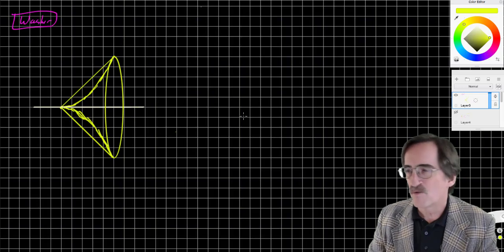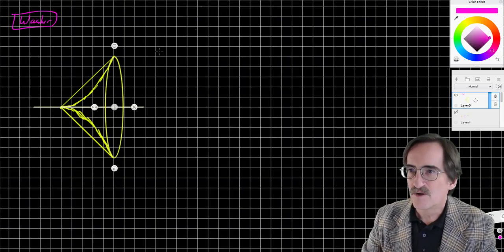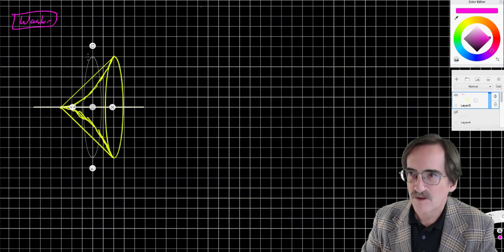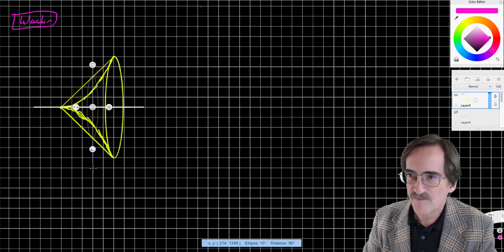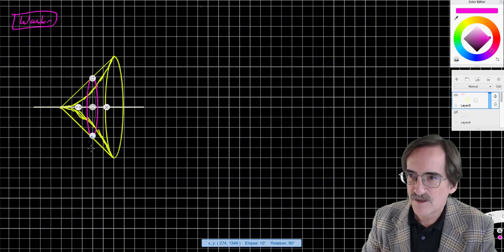Okay, so what would the vertical slices look like? Well, we would have a circle on the outside and a circle on the inside.